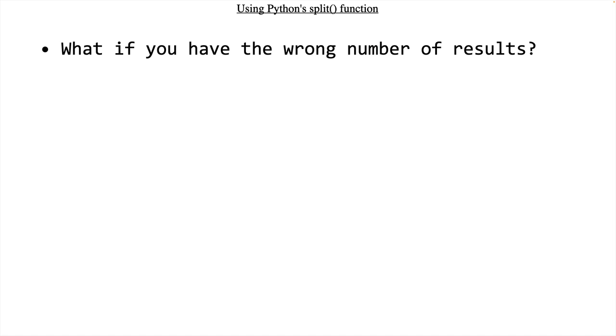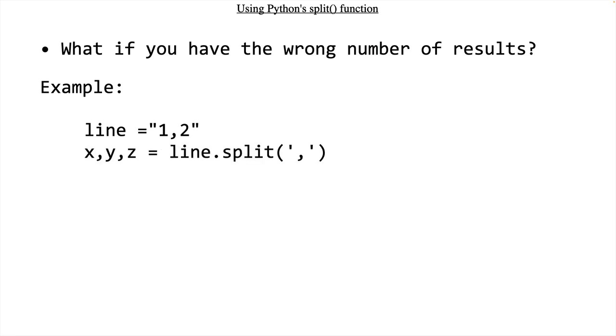But the question is, what happens if we have the wrong number of results or the wrong number of variables? Here's an example where I set line to "1,2". I split it on comma and put it into 3 variables, and then I want to print out y again. Some languages will set any extra variables to null or 0 or some default value.